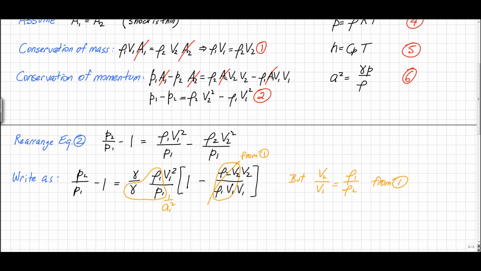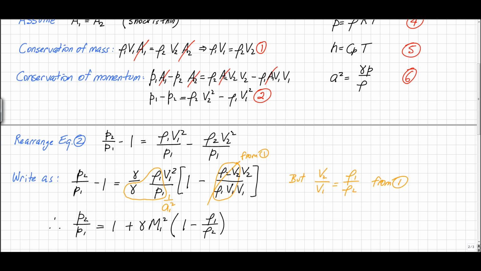So using those, we can say that the pressure change, P2 over P1, can be written as 1 plus, taking the 1 over to the right hand side, we've got a gamma in here. Now we've got a V1 squared over A1 squared, which is just our M1 squared, velocity over the speed of sound, and we're left with 1 minus, since V2 over V1 is rho 1 over rho 2, minus rho 1 over rho 2.